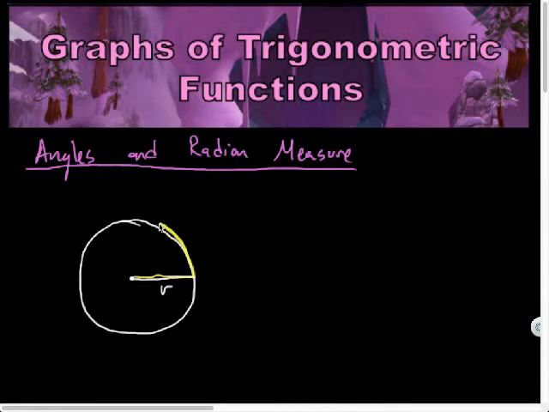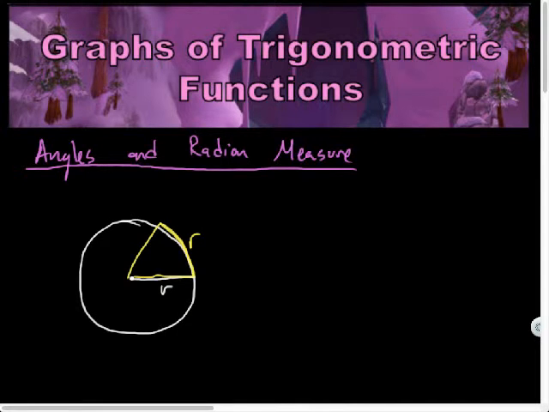So this would be r units along the curve of the circle. That measurement around the circle creates an angle, and the size of that angle would be called 1 radian, okay?